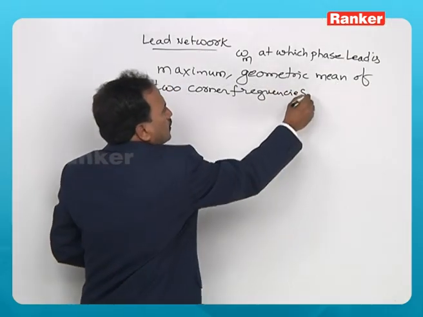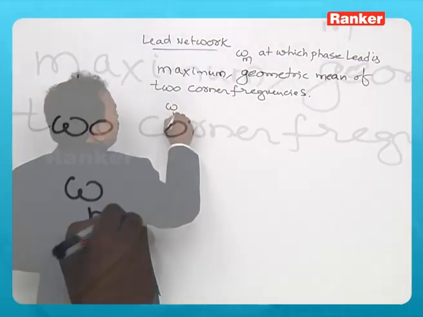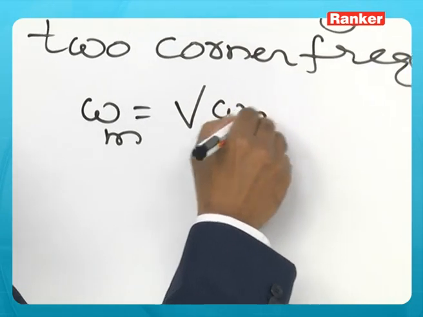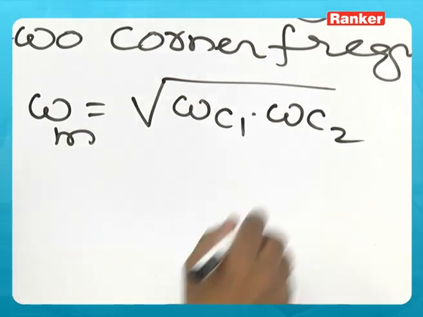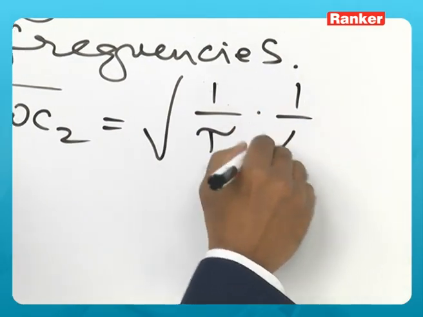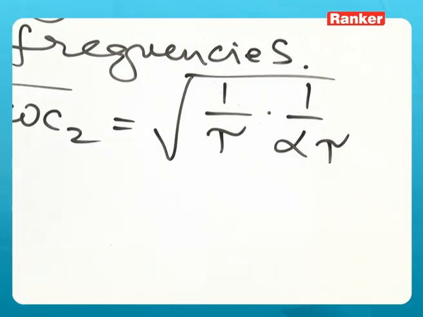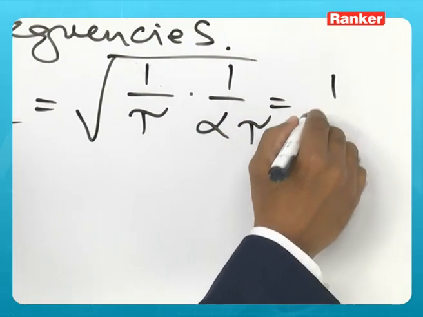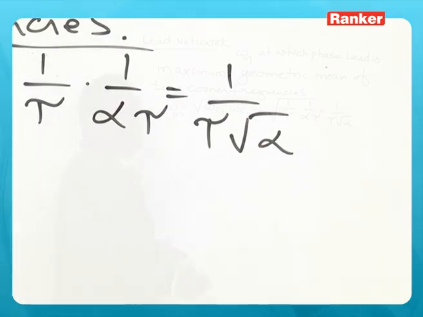These corner frequencies can be obtained from the Bode plot. So omega m is given by the square root of omega c1 and omega c2. So this is given by the square root of 1 by tau into 1 by alpha tau, which is 1 by tau root alpha.